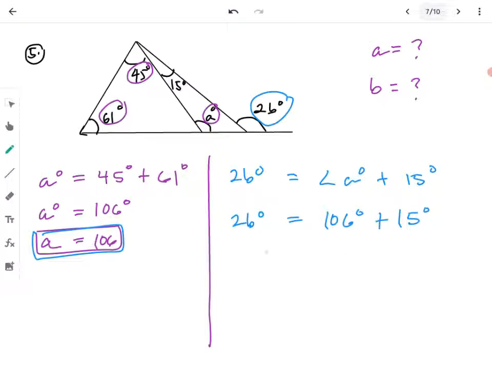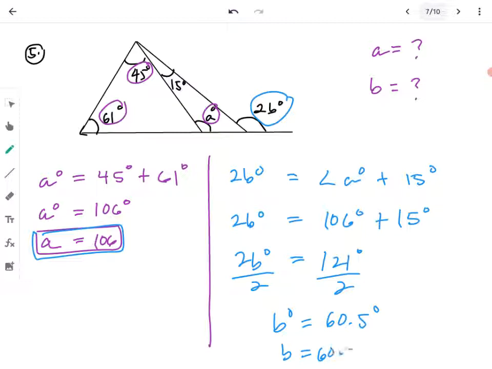That gives us 2B degrees equals 121 degrees, divided by 2, divided by 2. B degrees is simply 60.5 degrees, or simply B is just 60.5, or 60 and 1/2. Okay, 60 and 1/2.